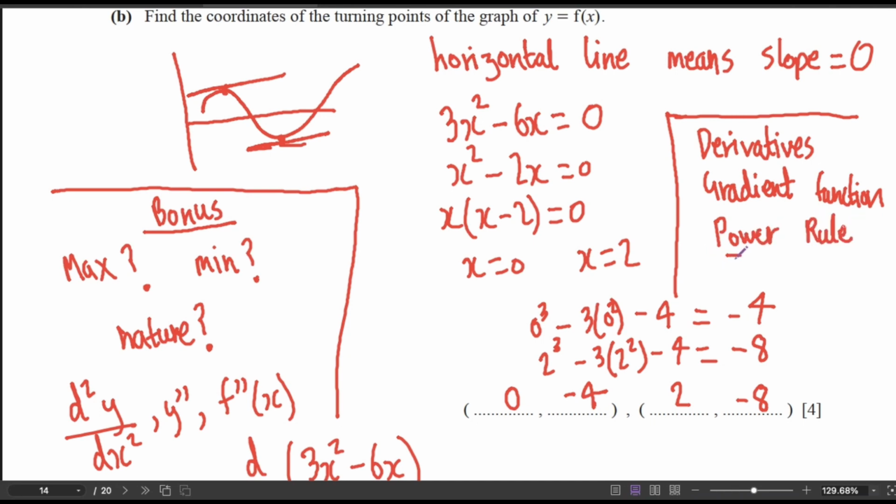We know about turning points or stationary points, critical points. And the bonus section, if you stayed for it, you learned about the nature of turning points. You know about the nature of turning points and derivatives, gradient function, power rule, and that's all you need to know for an introduction to differentiation.